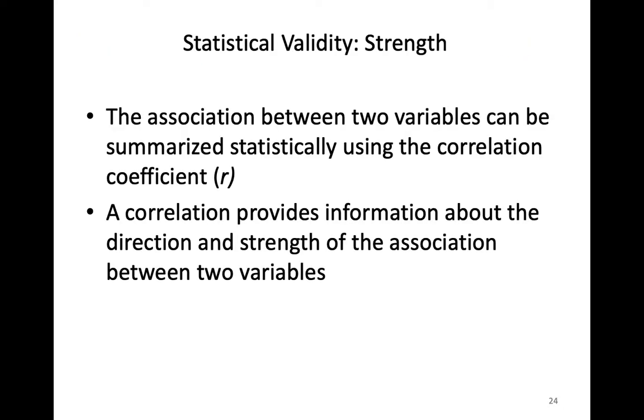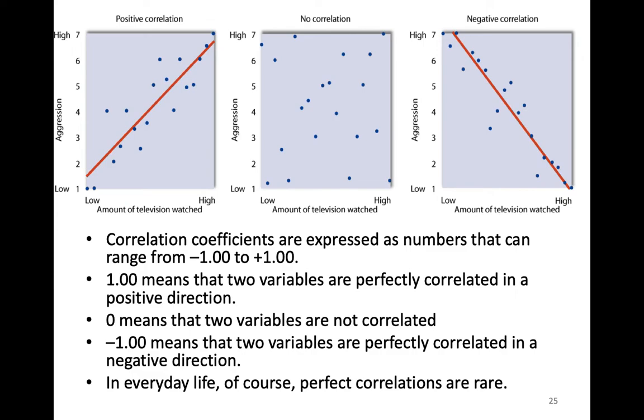You might remember from your statistics class that the association between two variables is summarized statistically using a correlation coefficient. It's often called a Pearson correlation coefficient, and it's abbreviated with a lowercase r. The correlation and its size provide information about both the direction and the strength of association between two variables.